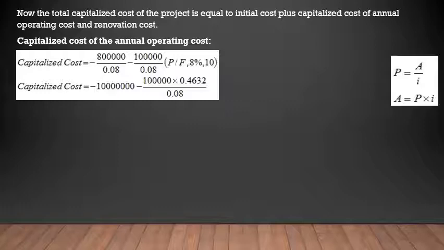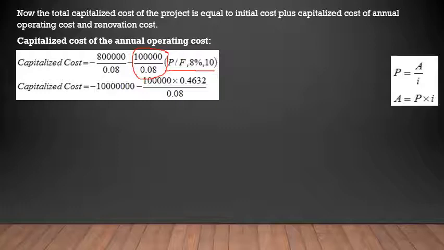So this component, when I make 1 lakh divided by 0.08, gets converted into P, but that P will be at t is equal to 10. That has to be converted into t is equal to 0 by using the factor P by F, 8, 10. This will convert the additional 1 lakh operating cost into P at t is equal to 0.